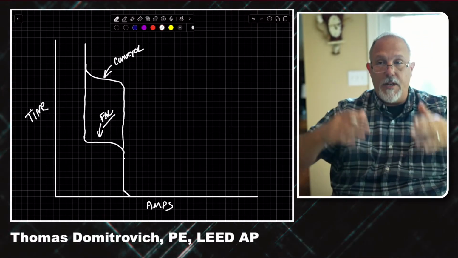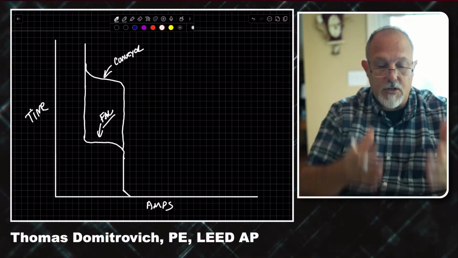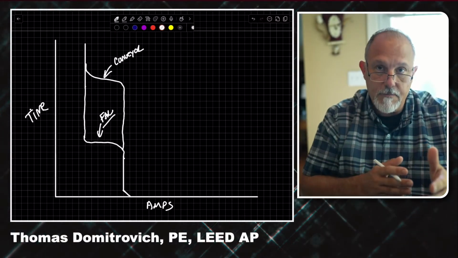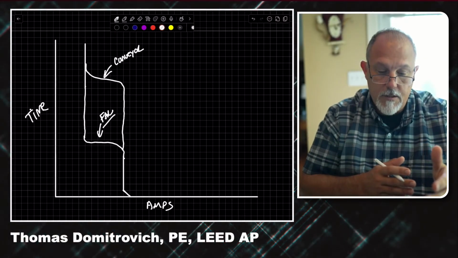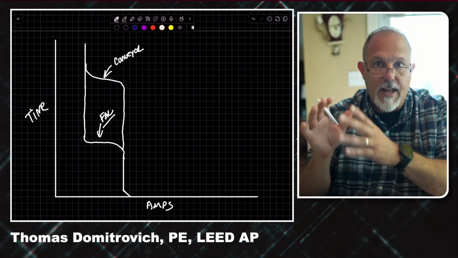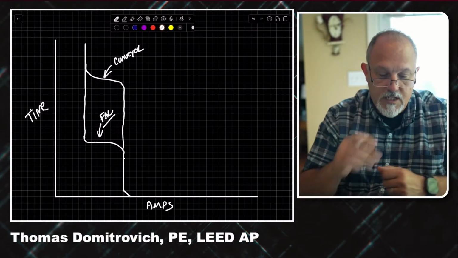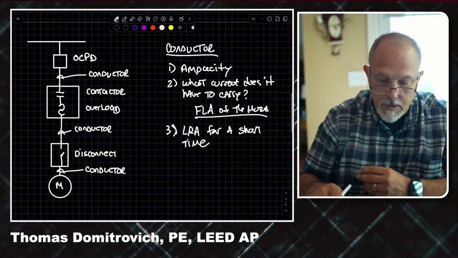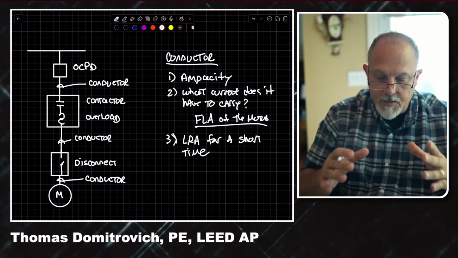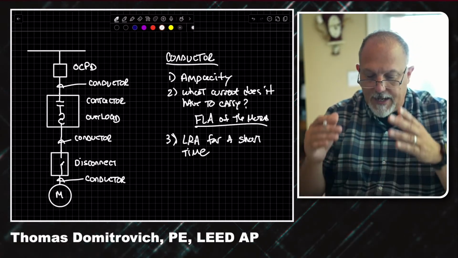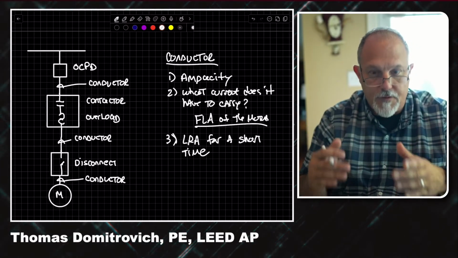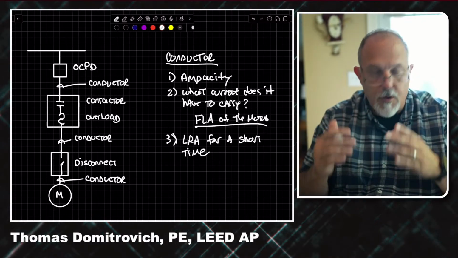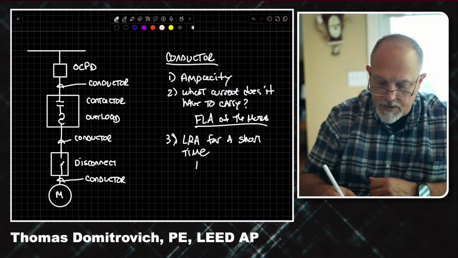So anyway, we know the conductor is going to have to carry this current, and the code is going to have rules to tell me how to size my conductor. All right? Okay, so from a conductor perspective, I have ampacity. I know I have to carry the full load amps of the motor. I know that I'm going to have locked rotor amps in there for a short time.